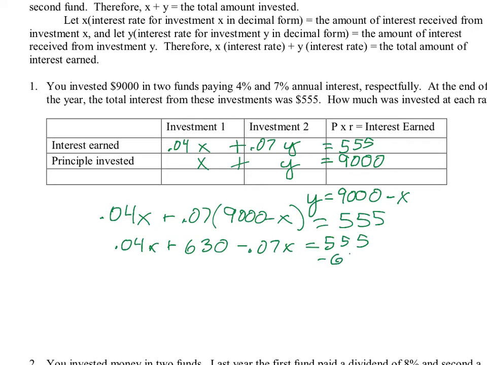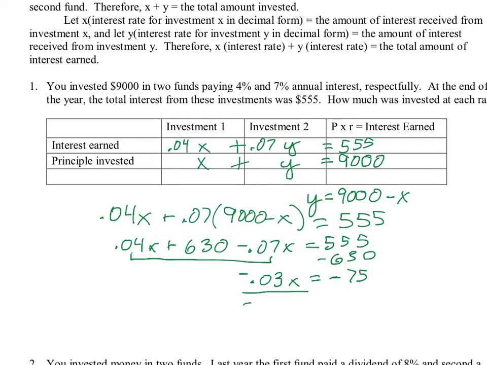I subtract the 630. I put the 0.07 and the 0.04 together. I'm subtracting, so I end up with 0.03x equals negative 75.